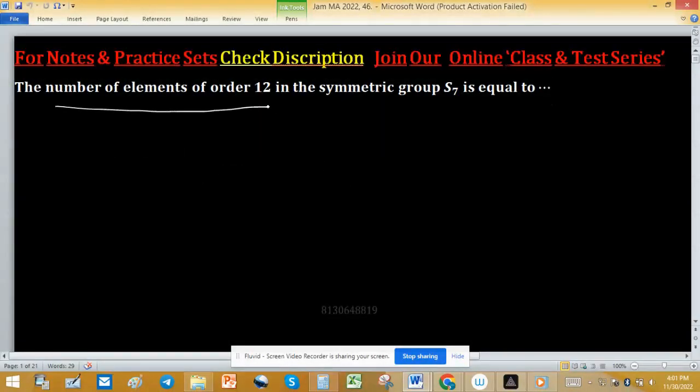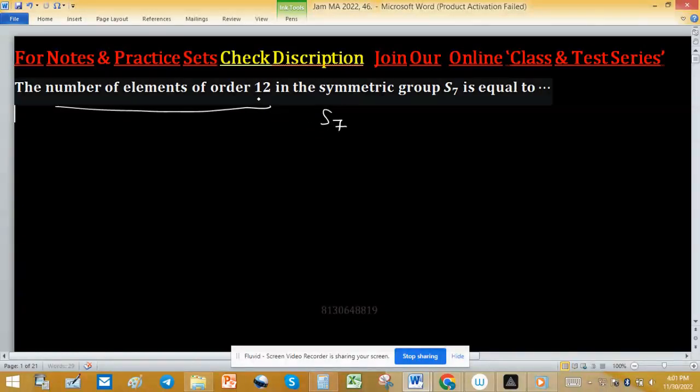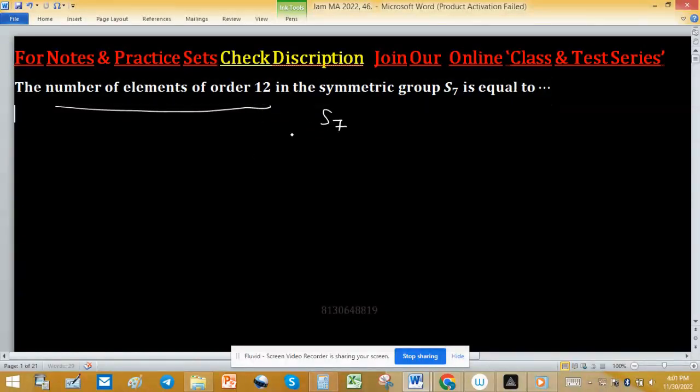The number of elements of order 12 in the symmetric group S7. If we are interested in finding the number of elements of any particular order, first we need to do a partition of this n, as in Sn.